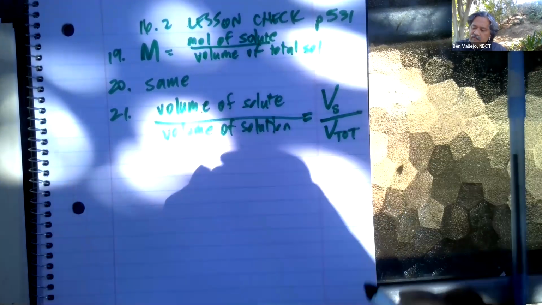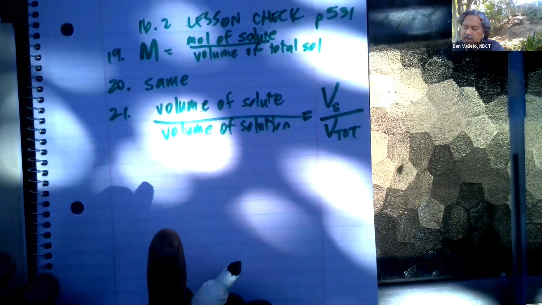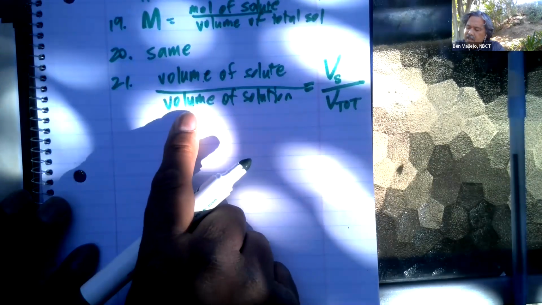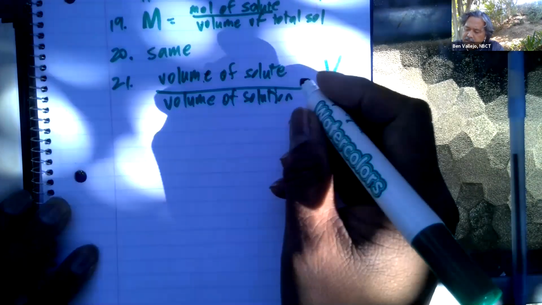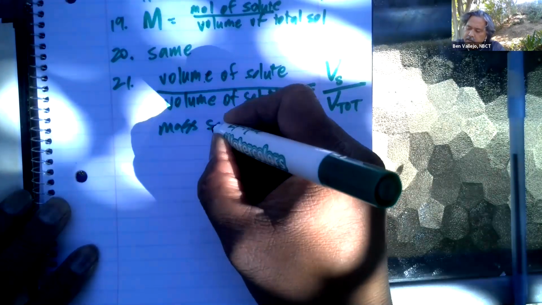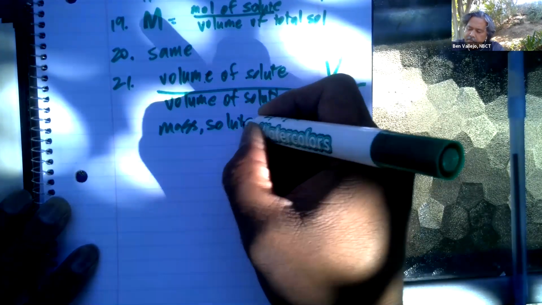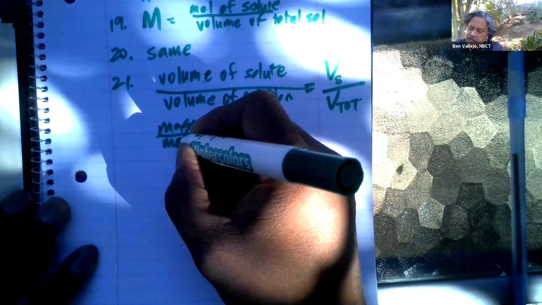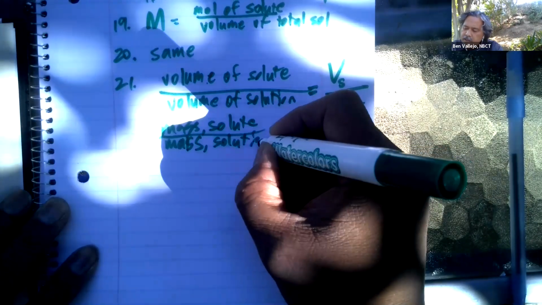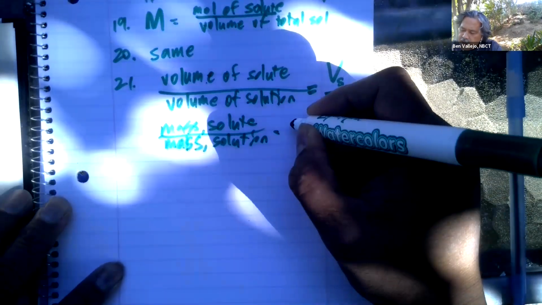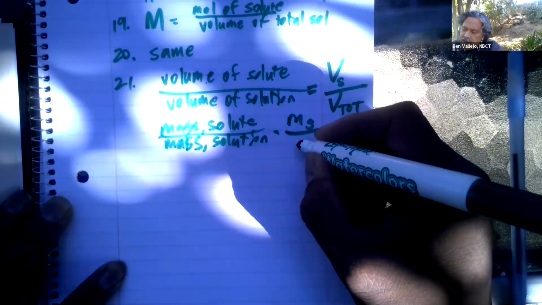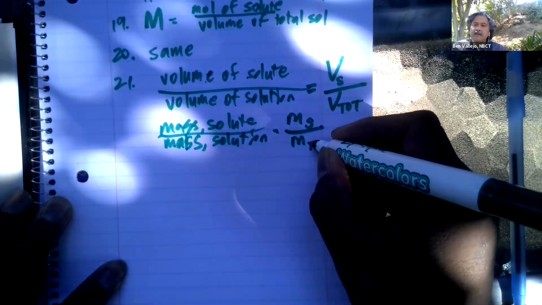And you could do the same thing for mass. So that could be mass of solute divided by total mass of the solution, which we would write M S divided by M total.